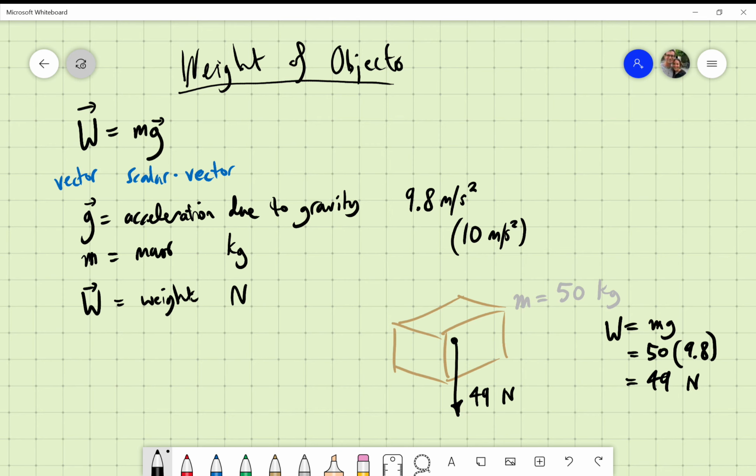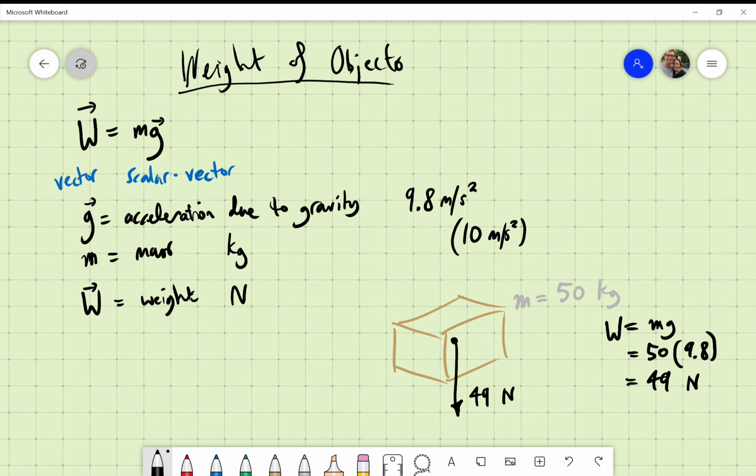That has to do with the amount of molecules and atoms and molecular stuff that makes up that box in this case. The 49 newtons, that is actually location specific. It's location dependent. That 49 newtons will actually be a little less if you go up on top of Mount Everest. It might be like 48.9.